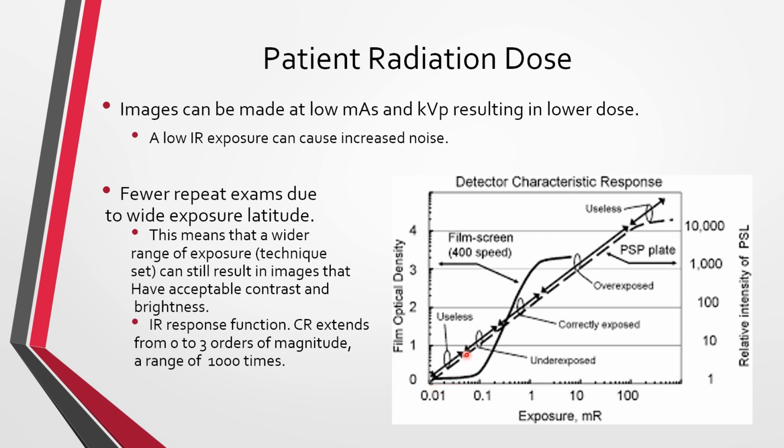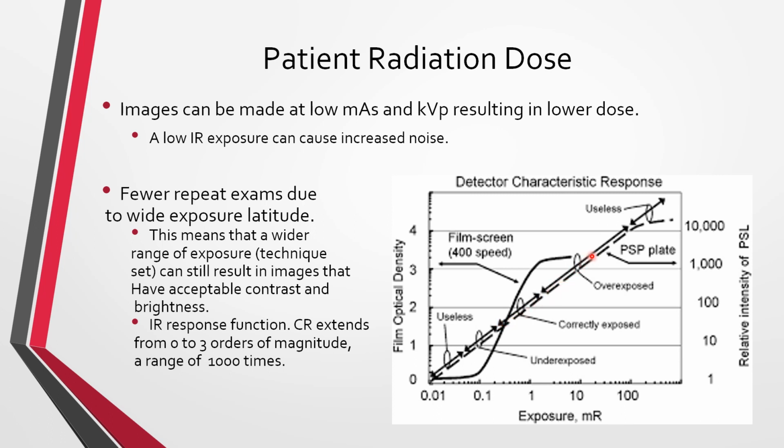So for the plate, it can go even below an exposure. It may be underexposed, but it could still be an acceptable image. So we can use less exposure here. We would like to be right in this area, where we're using less radiation for the exposure than what a film would need, but we're still producing an acceptable image.